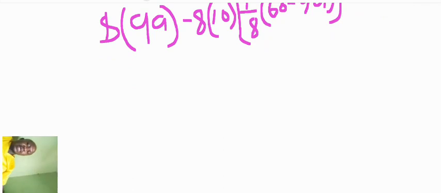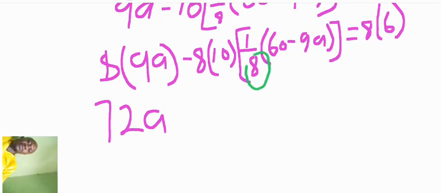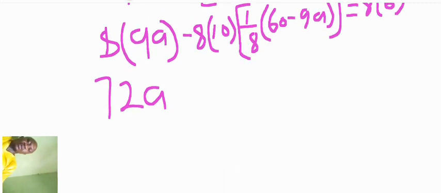So 8 times 9a, what do we get? We are going to get 72a. And then clearly 8 divides 8 and 8 divides 8, so we are going to have minus 10 outside the bracket.